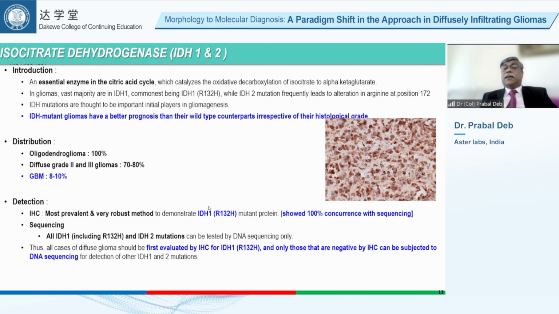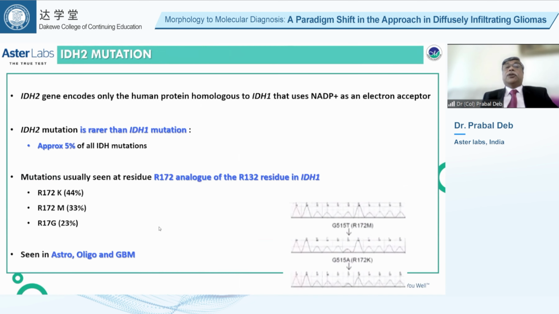And we can detect it using immunohistochemistry, using the specific clone IDH1 R132H, which shows 100% concurrence with sequencing. And in cases which are negative by IHC, then we can do DNA sequencing for IDH1 and IDH2 mutation.